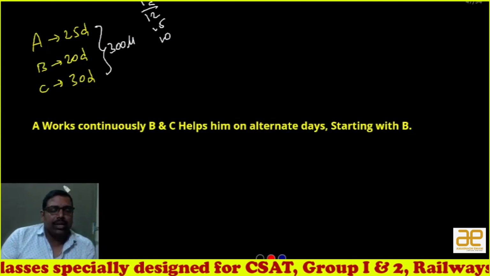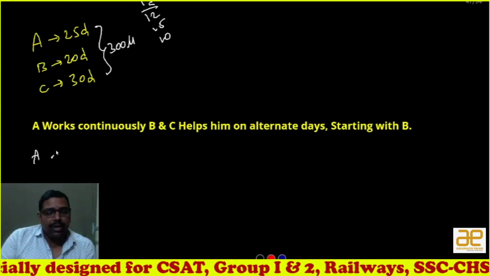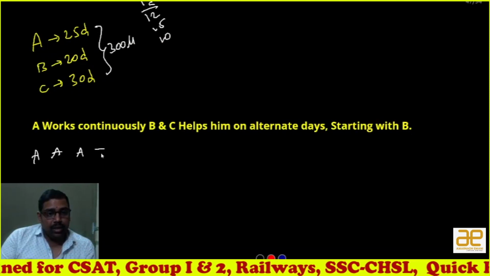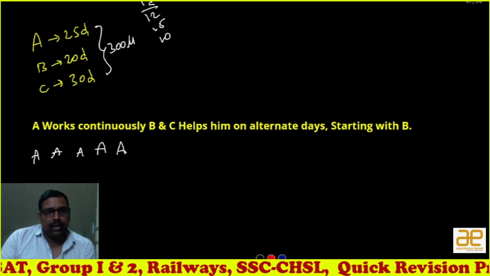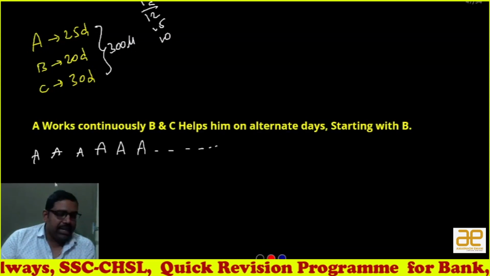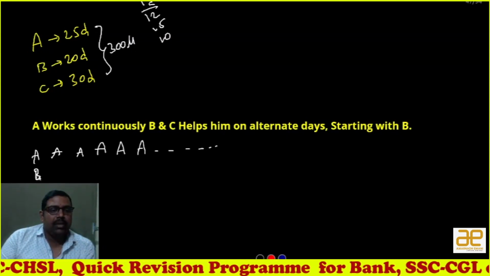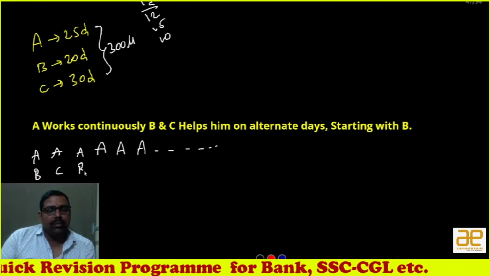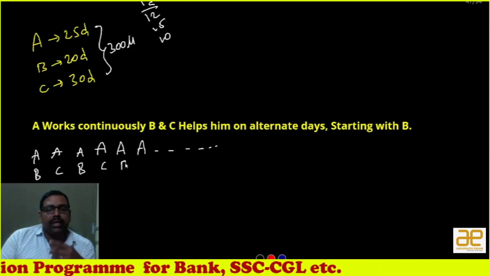So A works continuously, right? And so on continuously. B and C help him on alternate days, right? First day B helped, second day C helped, third day B helped, next day C helped, B, C, and so on.